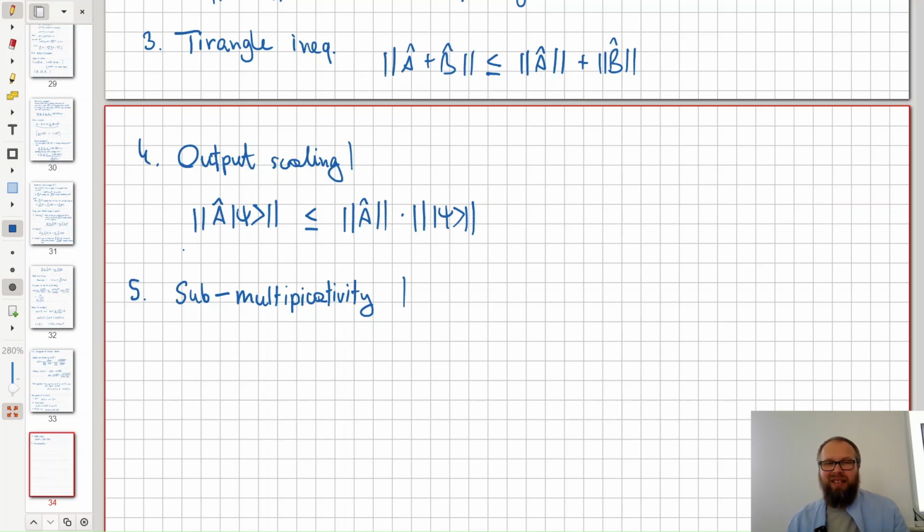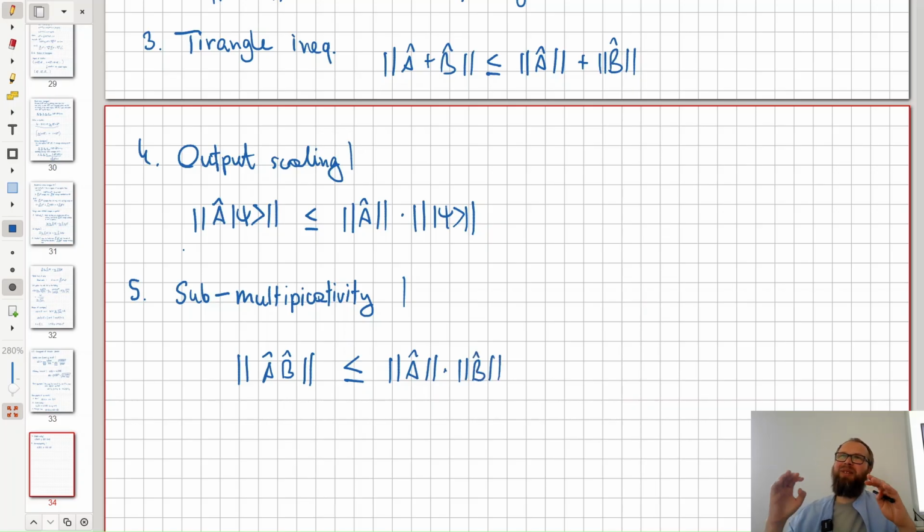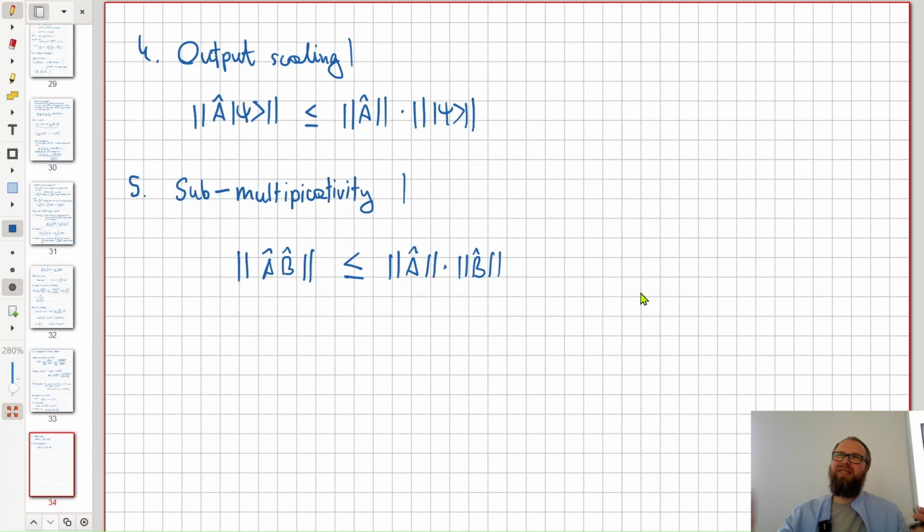Submultiplicativity means that the norm of a product AB can be bounded by the norm of A times the norm of B. So it's multiplicativity, but because it's a bound, that's why it's sub. This is why we basically need the standard norm.